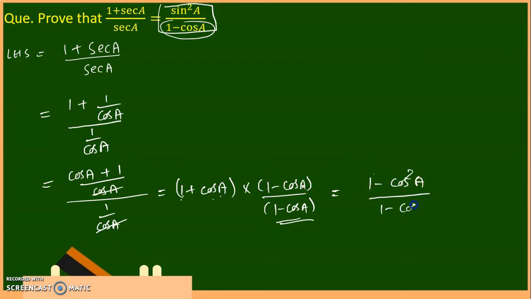So this 1 minus cos square A in the numerator becomes sin square A upon 1 minus cos A. So this is what we have on the right hand side.